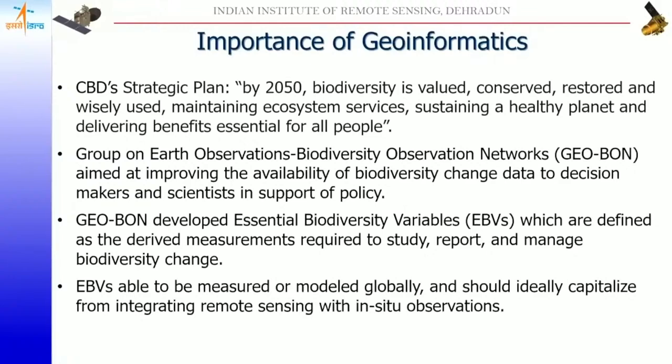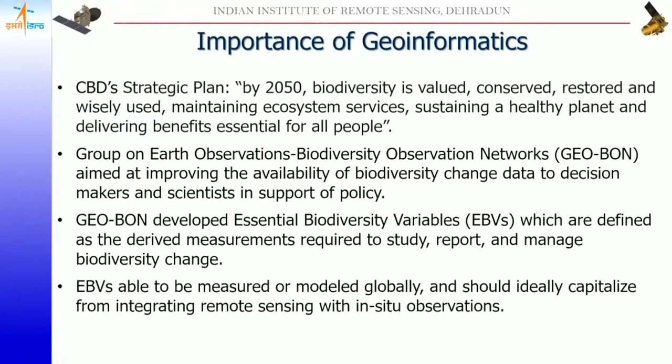This is one of the themes of the convention on biodiversity, and the Group on Earth Observations Biodiversity Observation Network, called GEO BON, is dedicatedly working to derive the important parameters, what the changes are over the period of time, and to support the scientists and the policymakers.